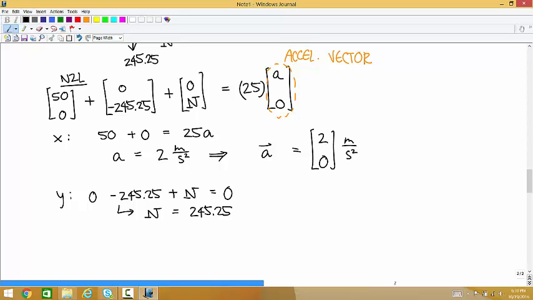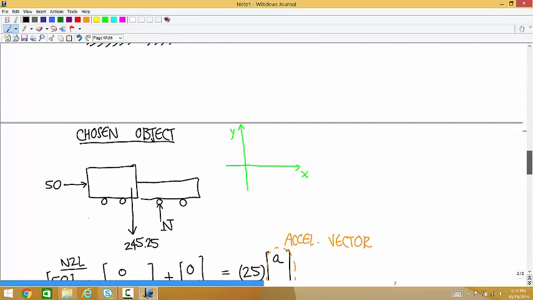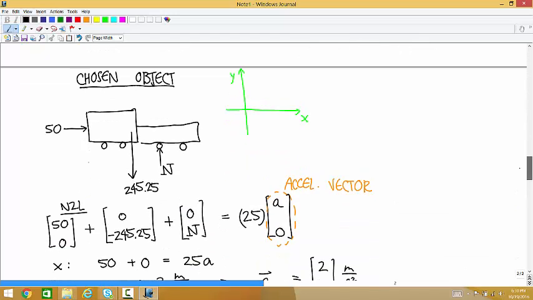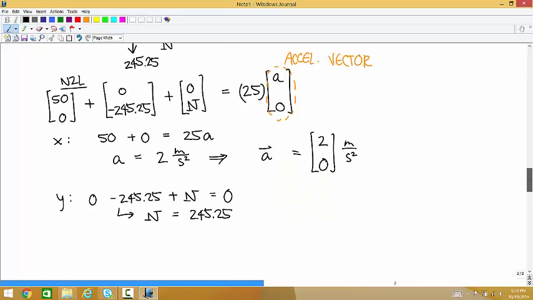Okay, so we did part A, but part B asks for the force vector acting on the 10 kilogram by the 15 kilogram. And notice that nothing in Newton's second law says anything about the force on the 10 by the 15. And so we're going to have to choose a new object to isolate.